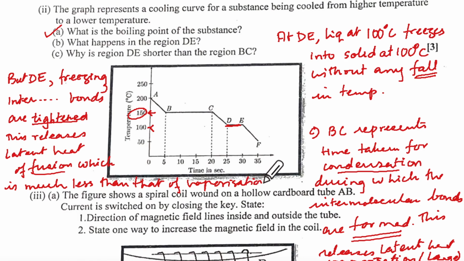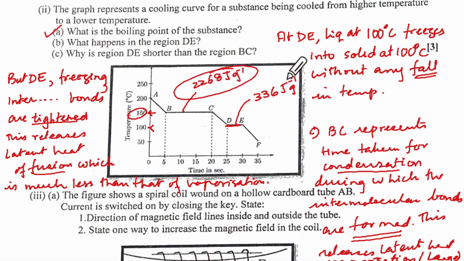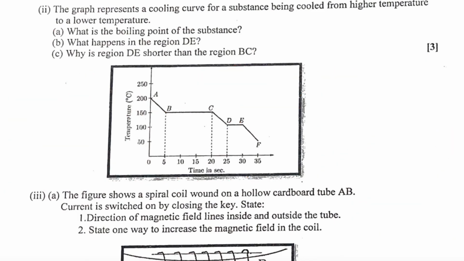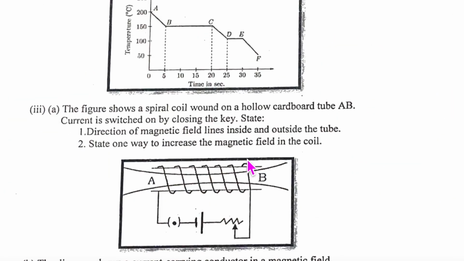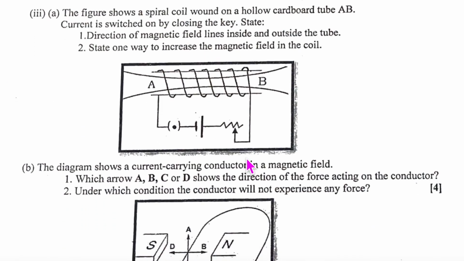Okay, if you want to know the comparison, if this was ice, I would have used 336 joule per gram here, and here it would have been 2268 joule per gram. Can you see this is larger than this? So this will be shorter and this will be a longer graph. Are you understanding how to polish your answers?